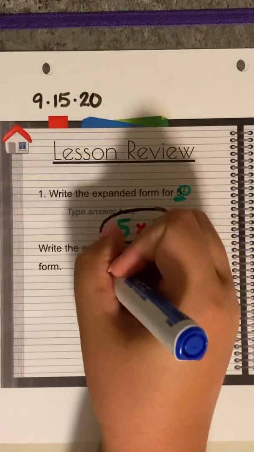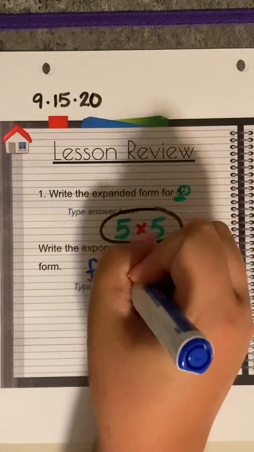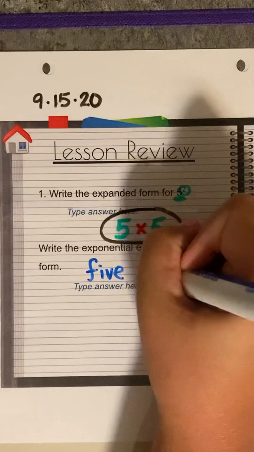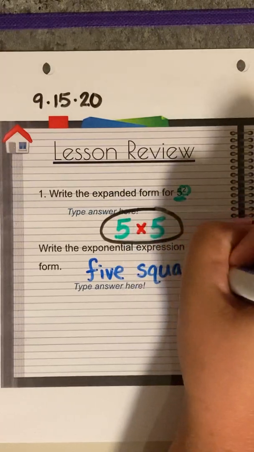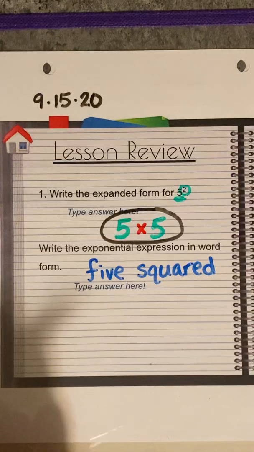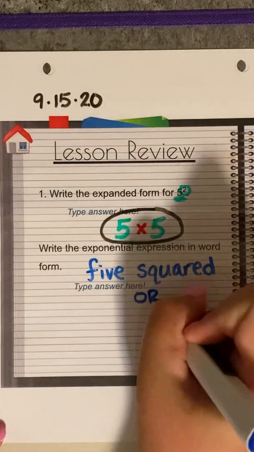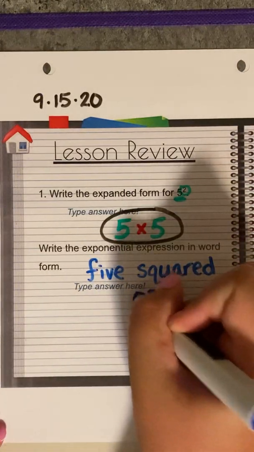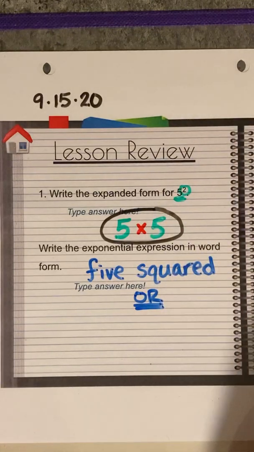So you can write 5, F-I-V-E, squared, S-Q-U-A-R-E-D, or you don't have to do the or, but you can. You can write one or the other, or you can write it both ways, whatever you want to do.